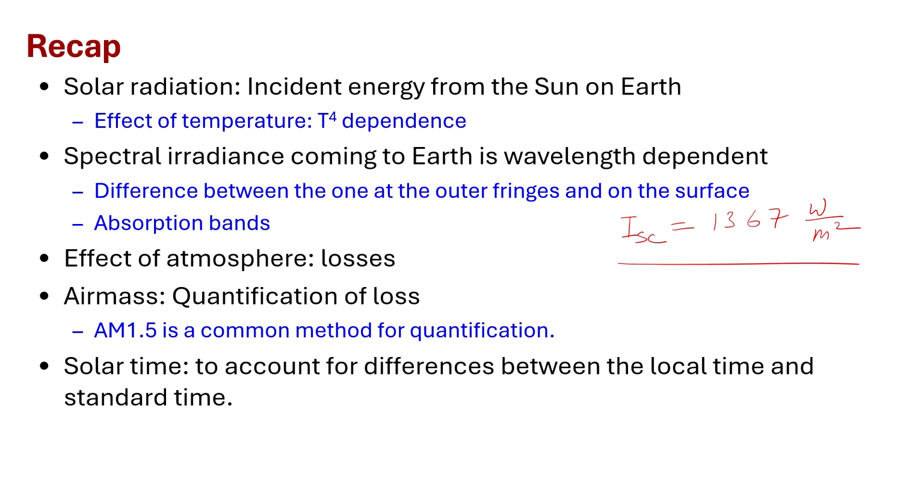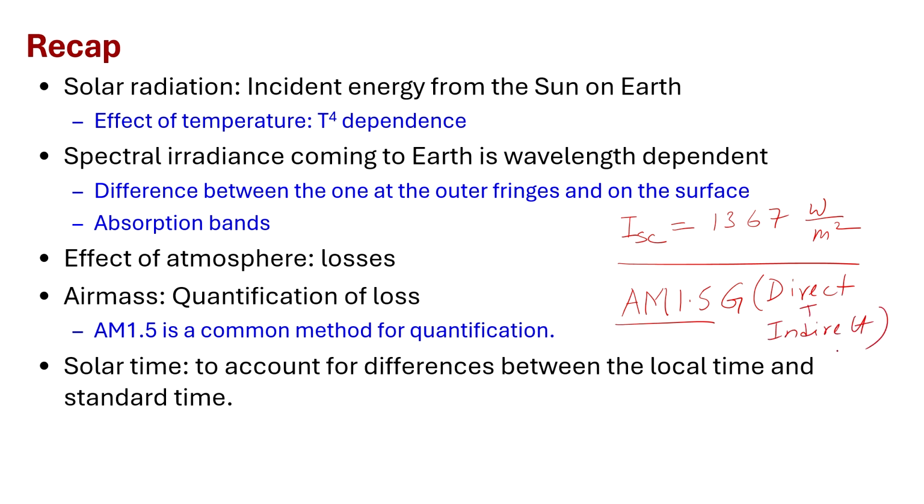So for characterization we always use AM 1.5 G. AM 1.5 approximates the average of the radiation that you will receive throughout the day, and G means global, which means it considers both direct and indirect radiations.